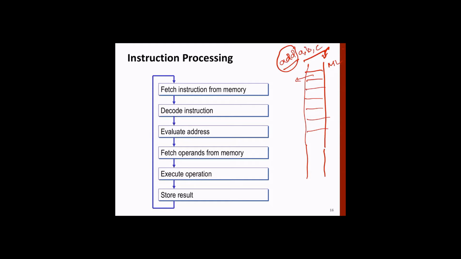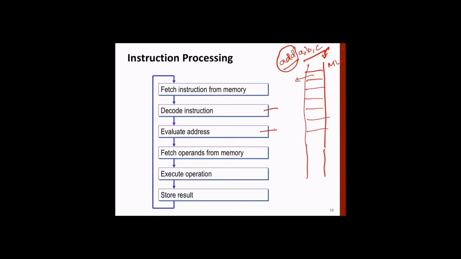This is to be decoded because there can be any instruction, so we have to look at the op field of the instruction and decode it. Decoding is actually making sense of what this instruction is and what operations are to be done. Okay, so the second step is over.